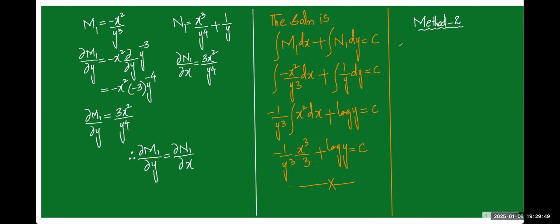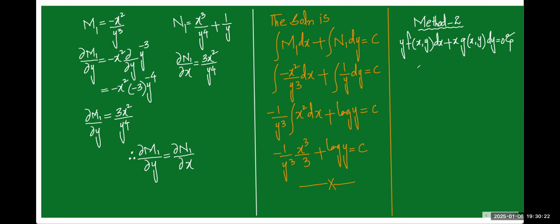Next, the second method. What it says: the differential equation of this form, y f of x comma y dx plus x times g of x comma y dy is equal to 0. Sir, how will we know which method to use?